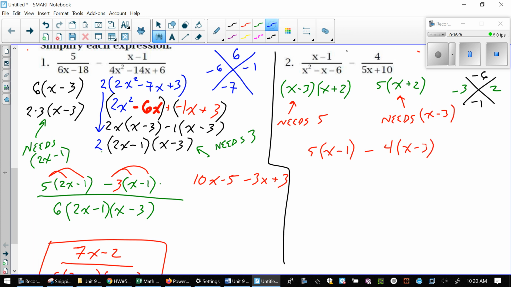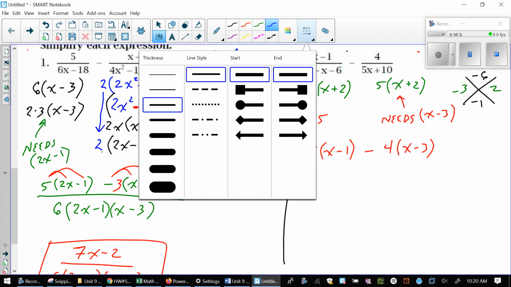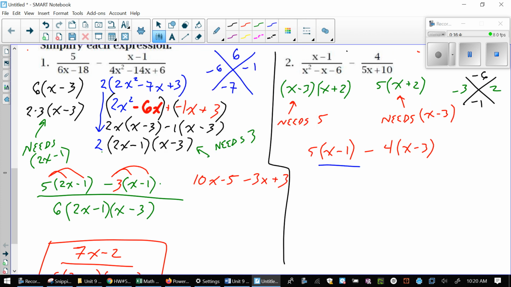Then our common denominator on the bottom is just going to be 5 times x minus 3 times x plus 2. And that's how we get them to be the same. So now all we have to do is distribute that -4 and simplify.